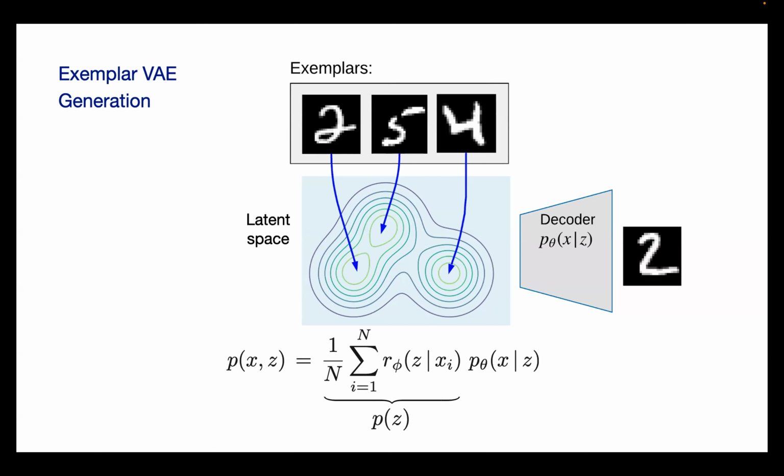And so in order to sample from the model, you would first randomly choose an exemplar, and then you would perturb it in the latent space, and then you would put that through a decoder to get your output image. And insofar as the latent space learned a well-structured representation of the data, these perturbations in the latent space would be meaningful.